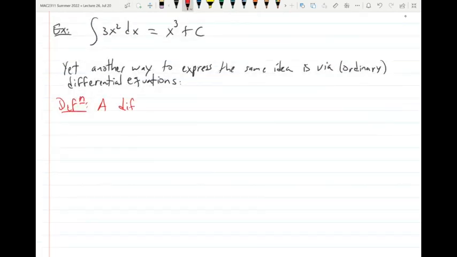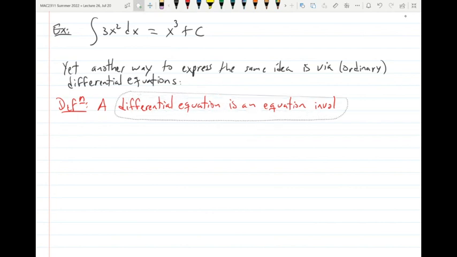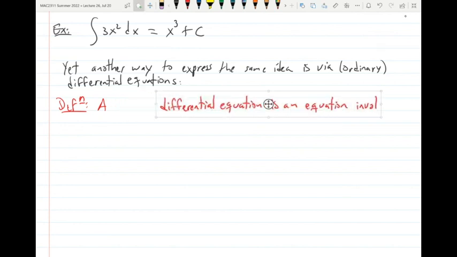So, a differential equation is an equation. I should say an ordinary differential equation, because when you have more than one variable, then you have partial differential equations, and that's a different story.